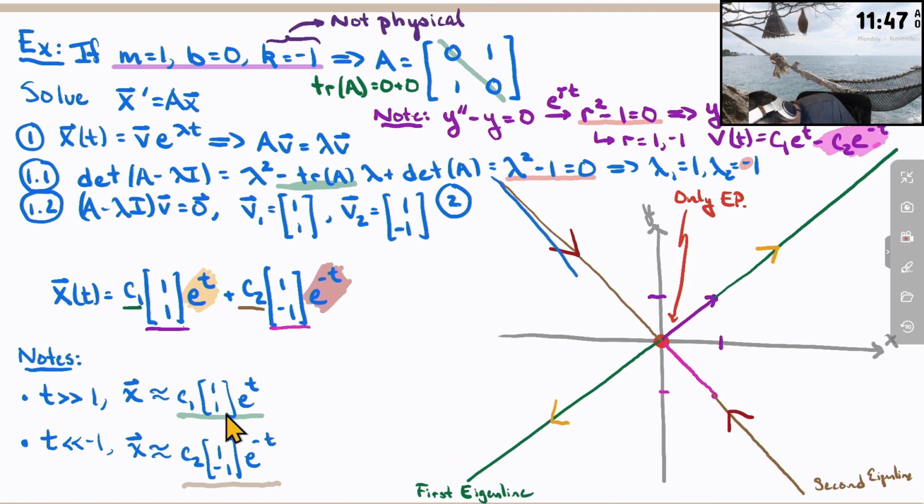But as I go forward in time, the brown eigenline's drawing me into the origin. But as I get closer to the origin, I realize there's this green eigenline that's pulling me away. And so I get a solution curve that looks like this. In fact, I get many solution curves that look like this.